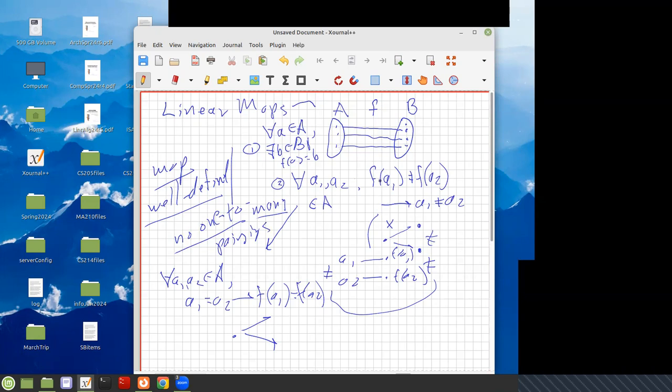Either if the image of A1 is not equal to the image of A2, then those can't be equal. On the other hand, if they are equal, then the images have to be equal. It forbids either case, in one of two ways. You start, these are different, these ones have to be different. You have to have this, but you can't have this. If these are the same, you can't have them split up. In either case, this is the situation.